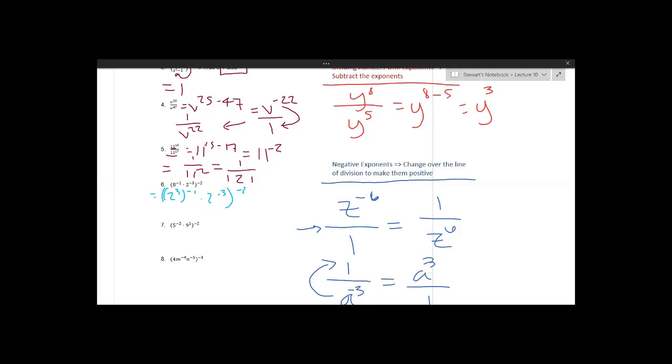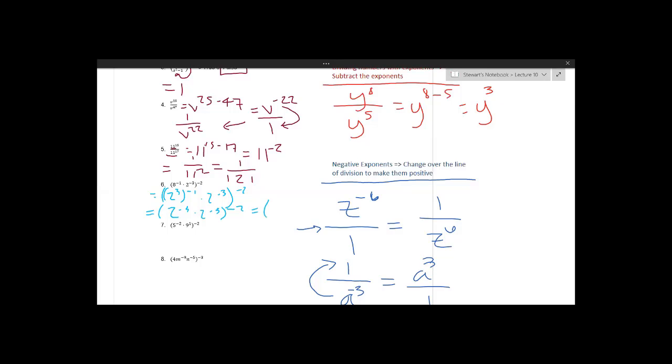Well, 2 cubed to the -1, or remember from last time, if you have two exponents next to each other connected by only parentheses, you multiply them together. So we're going to have 2 to the -3rd times 2 to the -3rd raised to the -2nd power. And 2 to the -3rd times 2 to the -3rd, it's two of the same base being multiplied together with exponents, so we add the exponents together.